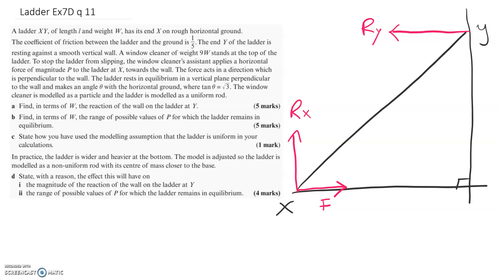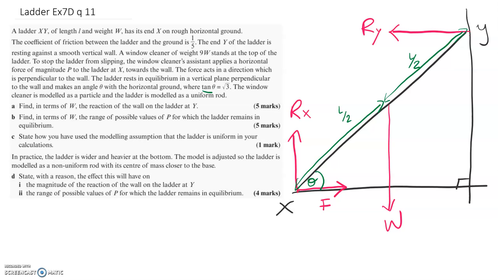We also have weight. Because it's a uniform ladder, I have to draw the weight exactly halfway along. So I'm going to call this half L and this half L. The angle is just theta for now.